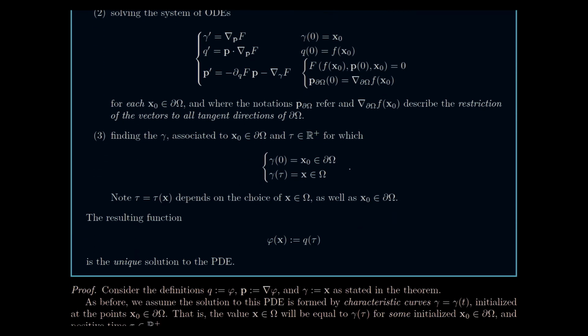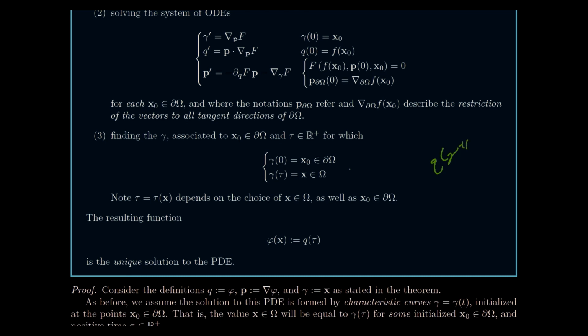So in step 3, it says finding the gamma, right, which is just going to come from our system associated to something in the boundary, and the tau, which is some future time for which gamma of tau equals x, right? Because if I can write that gamma of tau is equal to x, if I know my characteristic curve at some time is eventually equal to x, then t is gamma inverse of x.